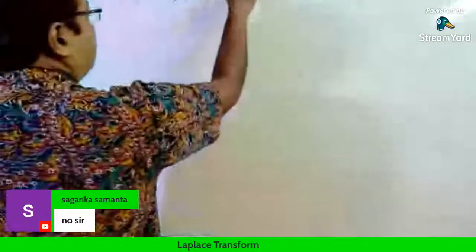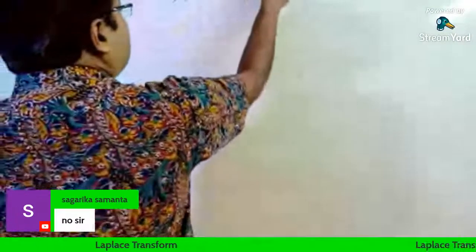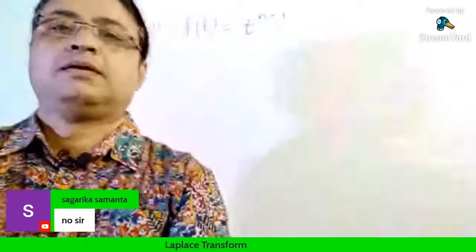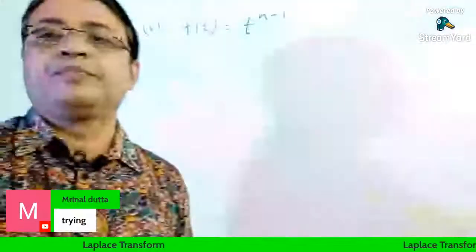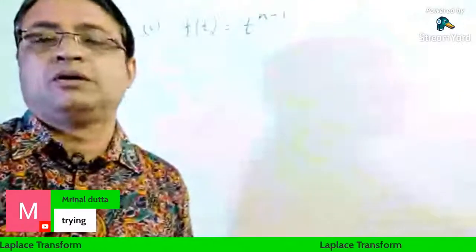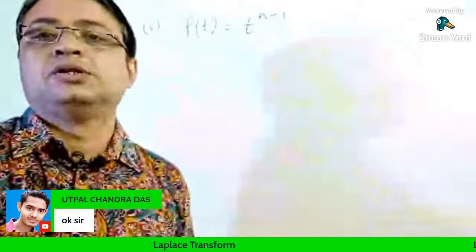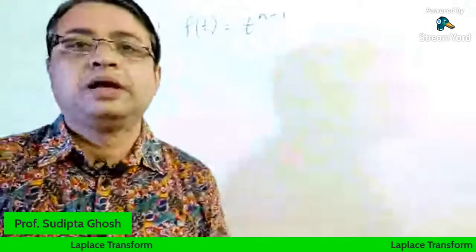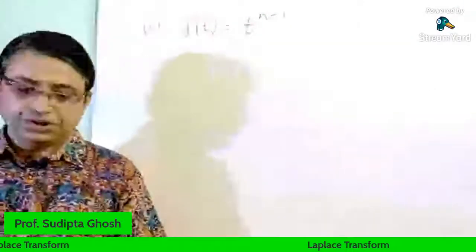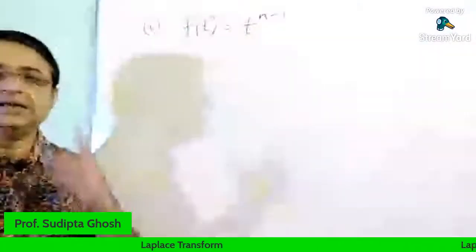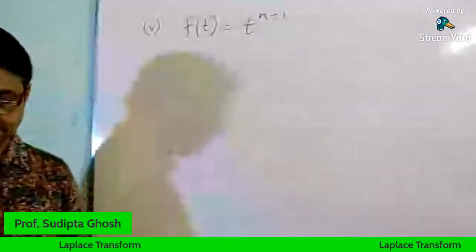Why? Let the function be f of t equals t to the power n minus 1, where n is a positive integer.